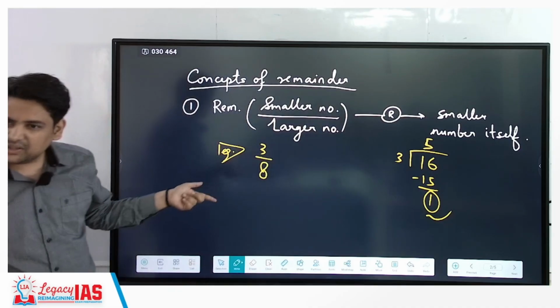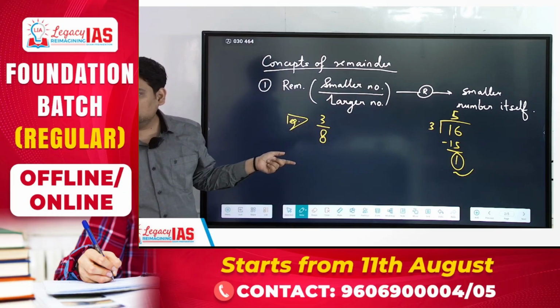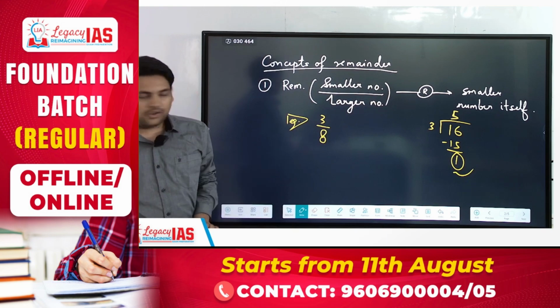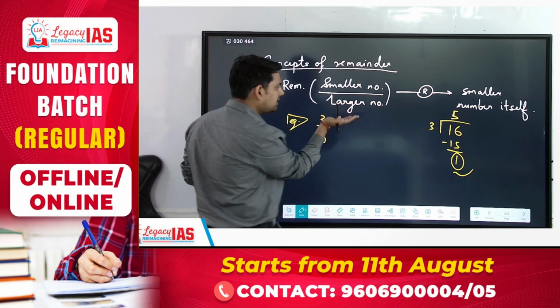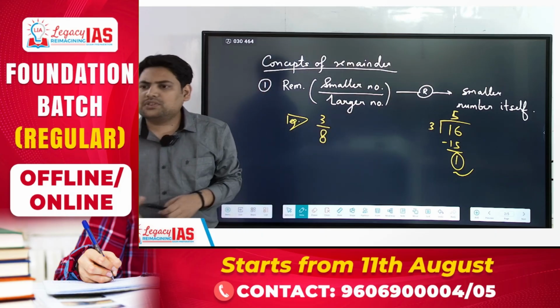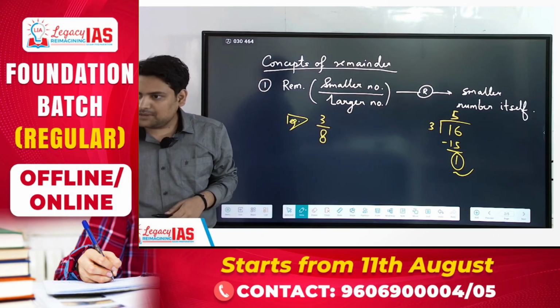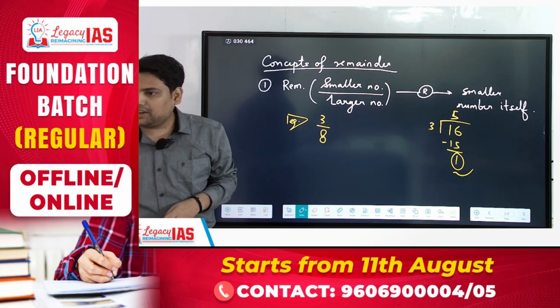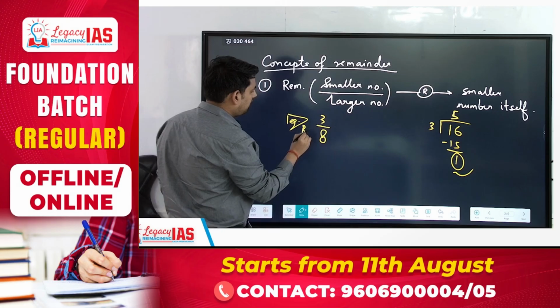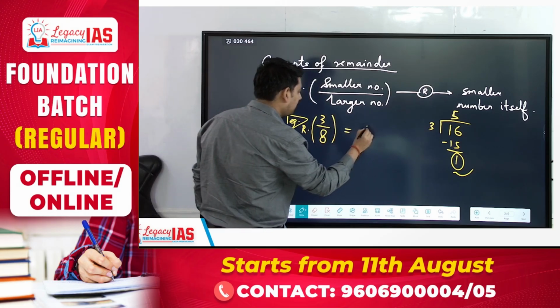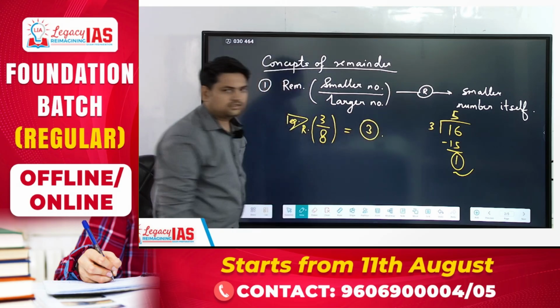But when you try to divide 3 by 8, you don't get anything. So you can just remember that when a smaller number is divided by a larger number, of course it cannot be divided any times, so it is actually 0 times divided and the remainder is the smaller number itself. So the remainder of 3 divided by 8 will be 3. Simple.